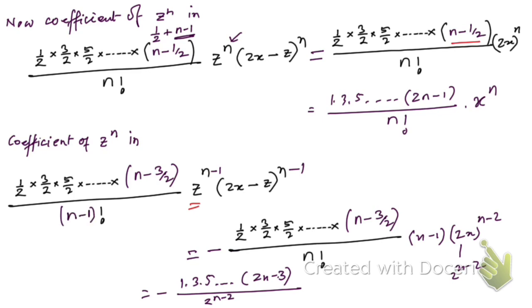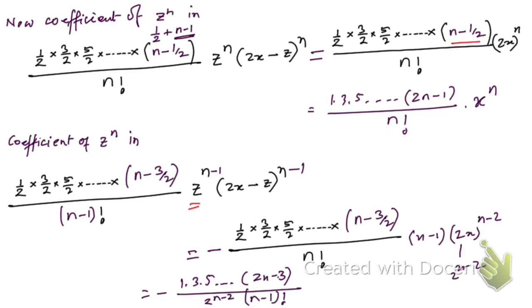This factorial n should be n minus 1, because when we had power n, here we had a factorial n, so it's supposed to be n minus 1 because we are taking the power n minus 1 here, right? Hope you have understood this.